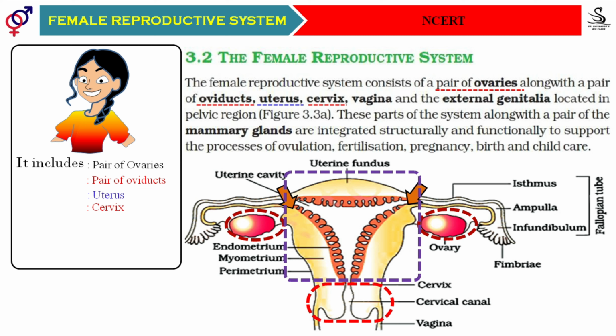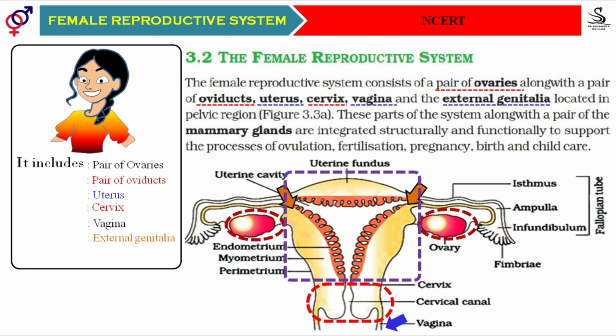Then in addition to that, below the cervix region, we find the vagina. It is a long tube which helps in receiving the erectile penis at the time of coitus. And the opening of the vagina is guarded by the external female genitalia.